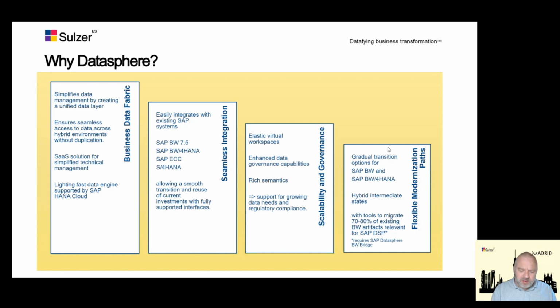SAP knows about what is required by corporations to run large-scale systems. So this is also now in place in Datasphere. We have a very important concept, which is the workspace. We will see next slide how we can understand the workspaces.